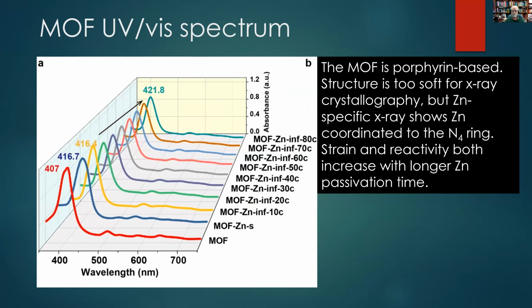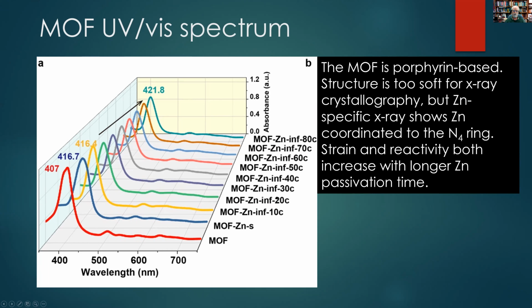And so now the degree of infiltration with oxygen is causing a shift in this UV-Vis spectrum. And it's kind of a subtle shift. There's a small decrease in intensity. We're going from the pure metal organic framework to the metal organic framework with the zinc present. So that accounts for a jump of about 10 nanometers in the lambda max, the peak position of the spectrum.